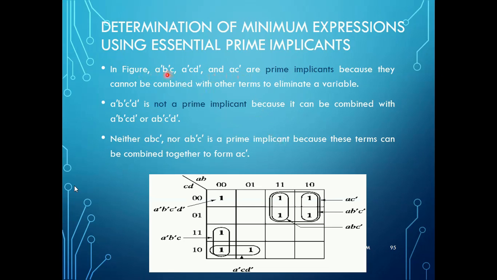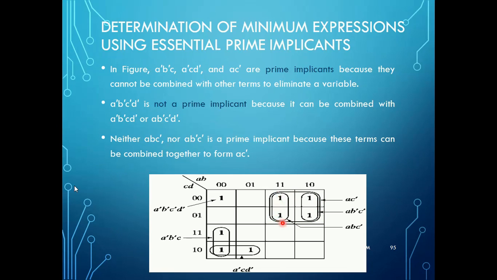Let us see that A bar B bar C is this. That means you have encircled a pair here, so you have got the product term A bar B bar C. This term and A bar C D bar is another product term. And also the quad you have here, that is A C bar.